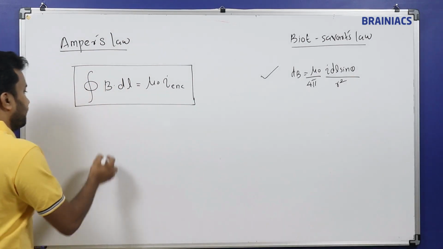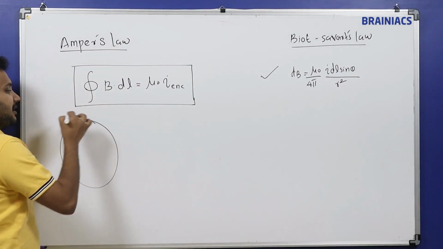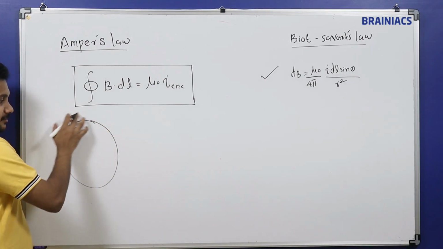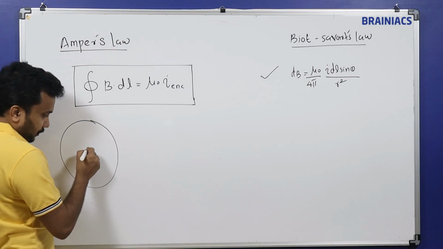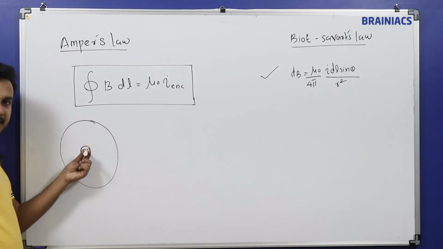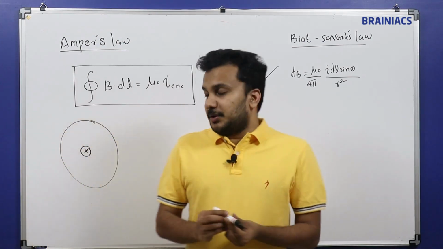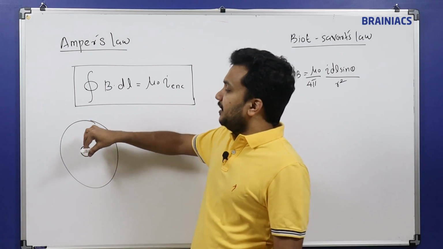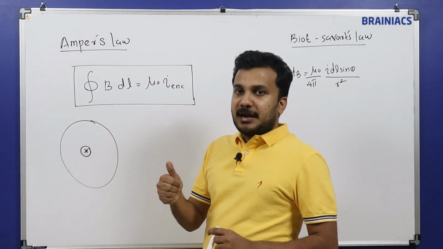I will tell you an example. Let's assume we have a current carrying conductor placed like this pen, and the currents are going inside. So how will you find the magnetic field?